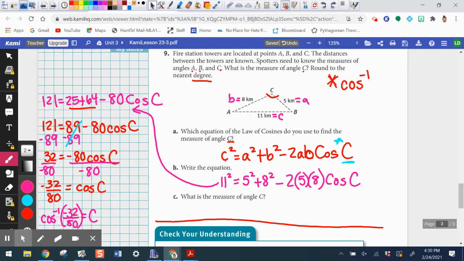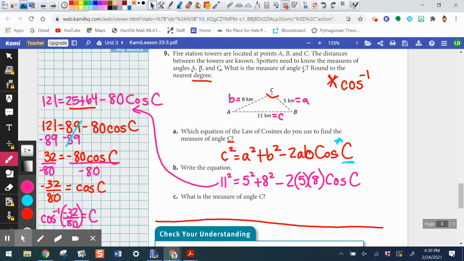So I love that they inserted this question A to get us thinking, why do we choose this particular law of cosines? And then it says write the equation. So what I did was I went back to the triangle and labeled this side that is 5 kilometers, CB, A because it's opposite of vertex A. I labeled 11 kilometers C because it's opposite of vertex C. And I labeled 8 kilometers B because it's opposite of vertex B. So then I just went in and replaced values with what I knew.